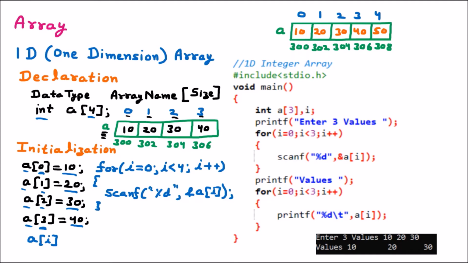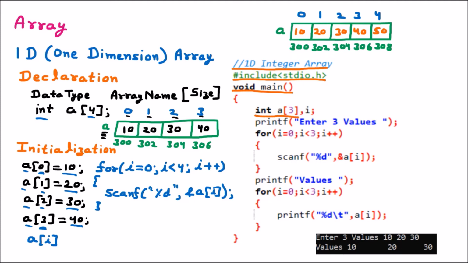So now we are going to take one example, with the help of which we will understand how to take the values from the user. So here we are saying first of all a comment, 1D integer array. So we are learning right now the integer array. Then #include <stdio.h>, which is for printf and scanf function. Then void main. Void means no return type. Main is a driving function. Now inside that we are having int a[3].